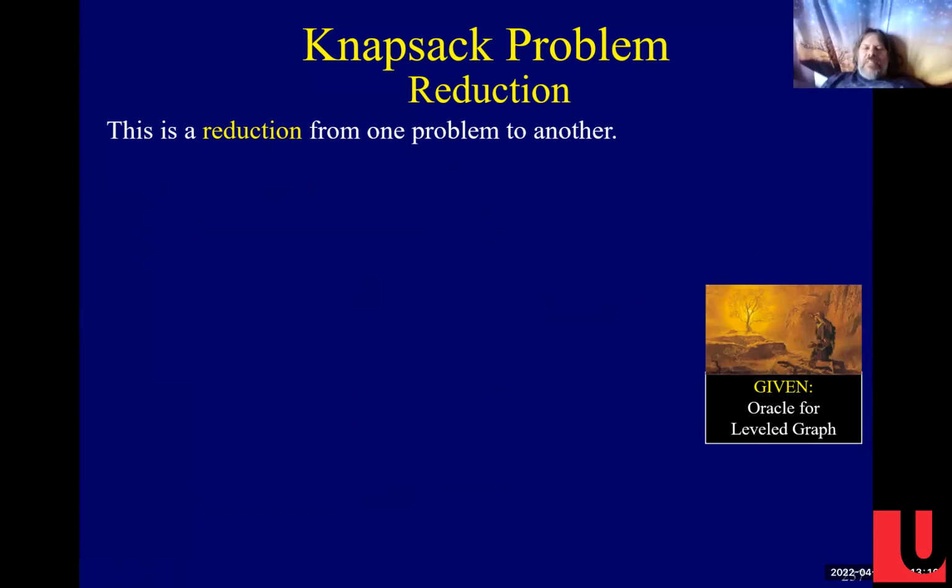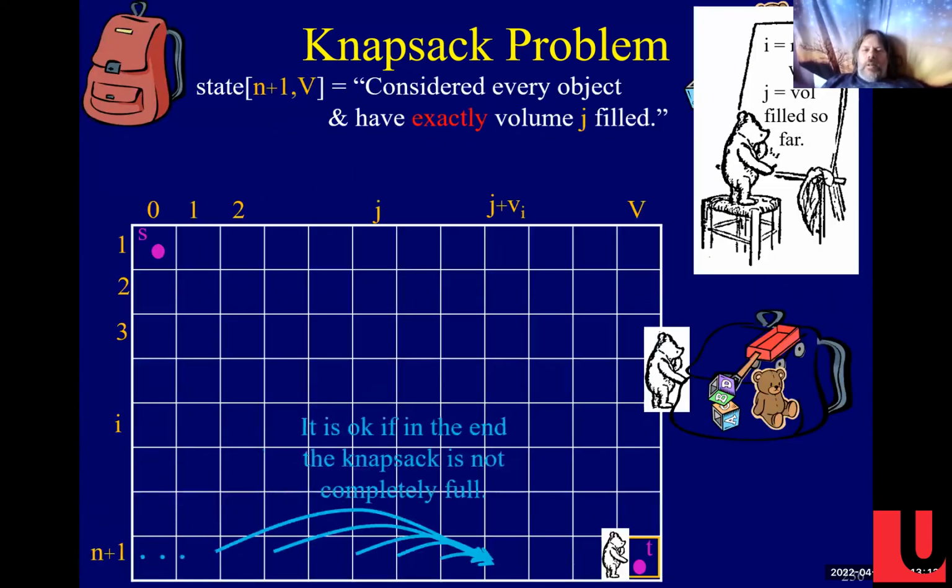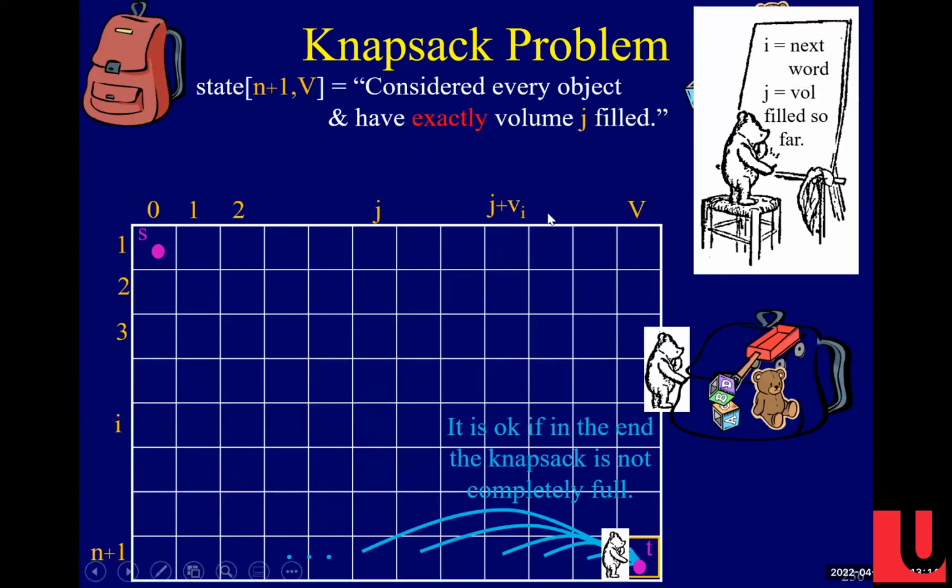Well, the graph is really straightforward. If you ignore the fact that the volume might be big, the graph is just how many nodes? We have n times v nodes. And for each node, you can say what the edges are.